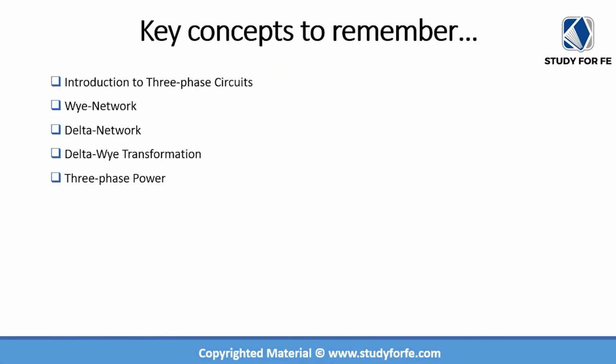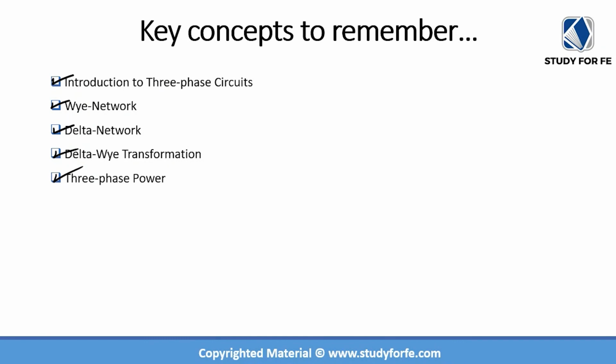In this lecture, we introduced three-phase circuits and took a closer look at the Y network, the delta network, and the delta-Y transformation. At the end of the lecture, we also reviewed three-phase power. There's a lot of math involved in three-phase circuits, especially while going back and forth between line and phase quantities.